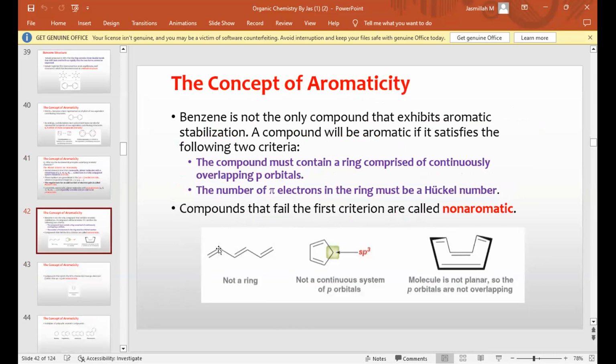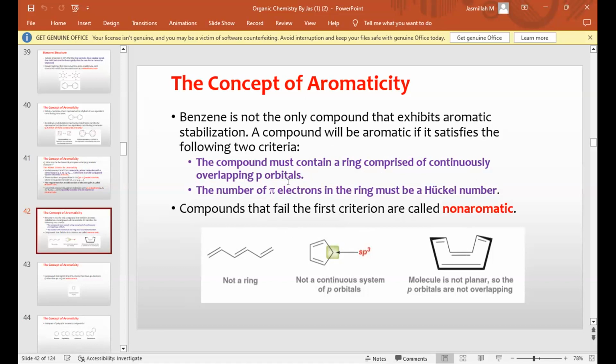Benzene is not the only compound that exhibits aromatic stabilization. A compound can be aromatic if it satisfies 2 criteria. The compound must contain a ring comprised of continuously overlapping pi bonds. By continuous, we mean, you see, this is not continuous because here we have pi bonds, here we do not have pi bonds, these are sigma bonds, and then again pi bonds.